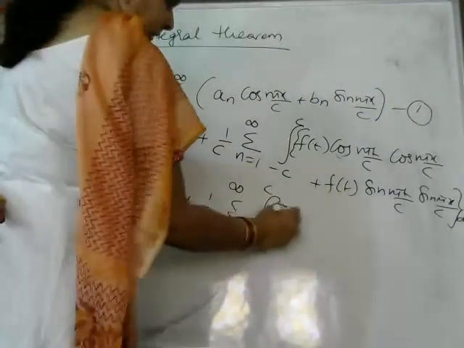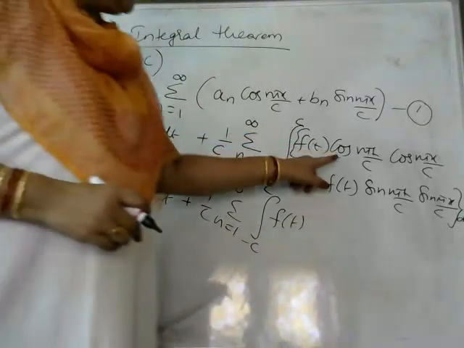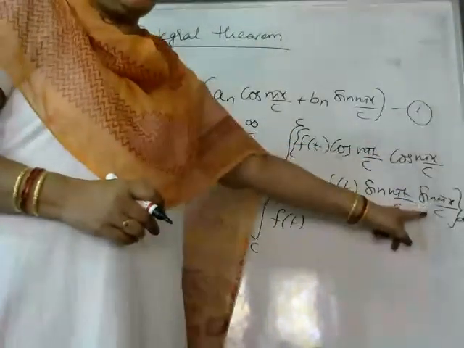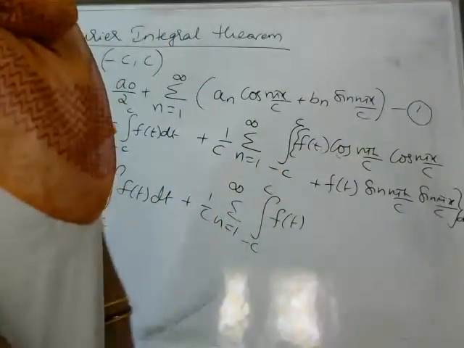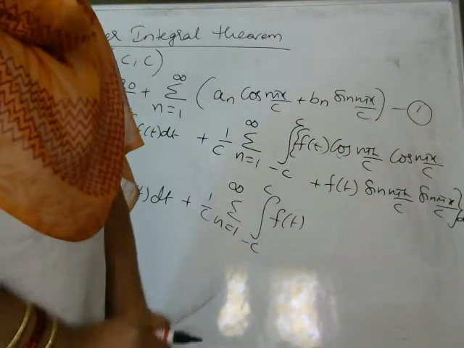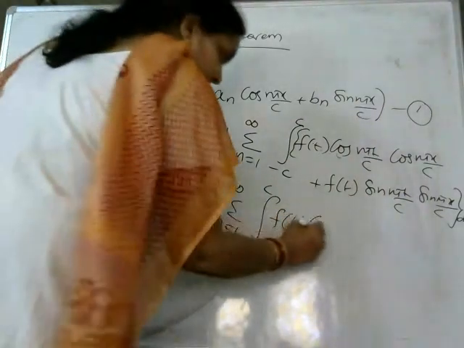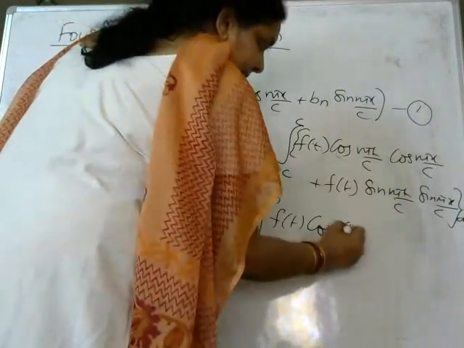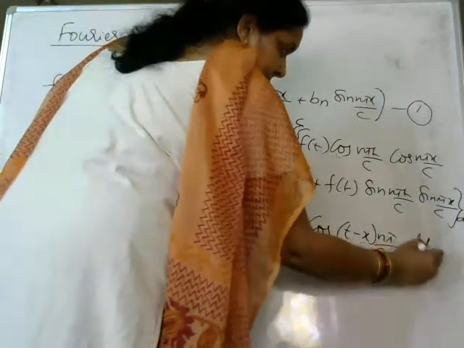f of t is common, we'll take it out. See how this value is. cos A cos B plus sin A sin B can be written as cos A minus B. So how do we write the value of cos A minus B? Cos of t minus x, n pi by c, dt.